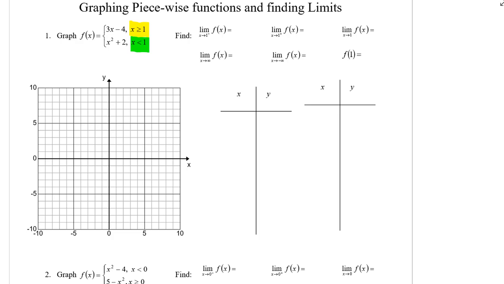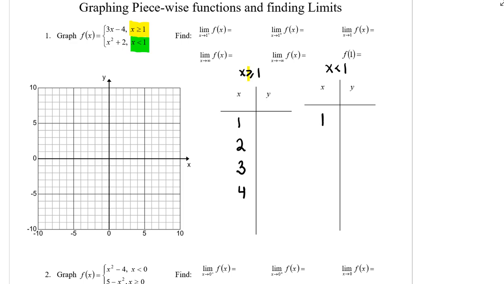So in order to graph this, I'm going to build one table for x values greater than or equal to 1. I'm going to build a second table for x values less than 1. I'm going to start my table at 1.